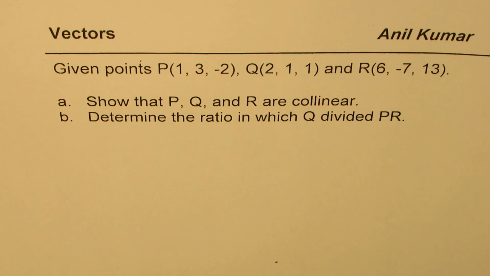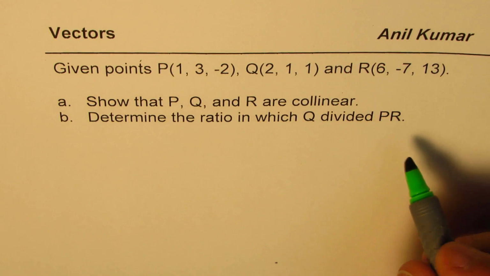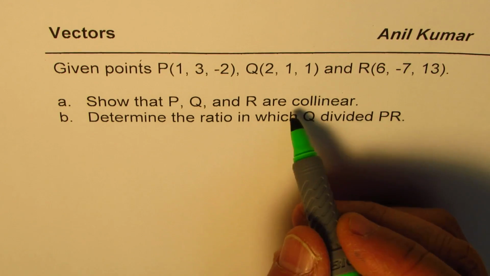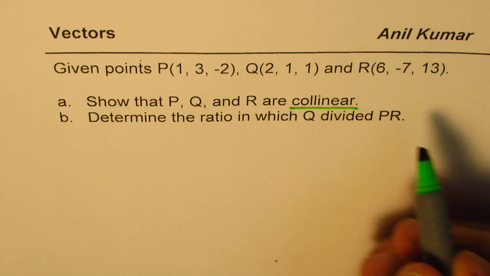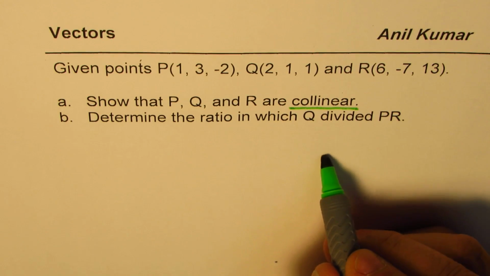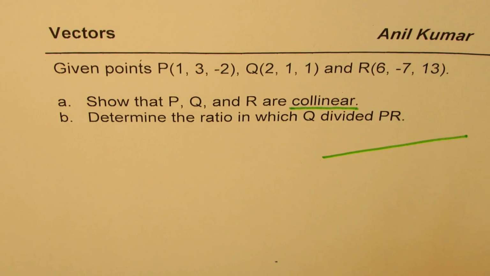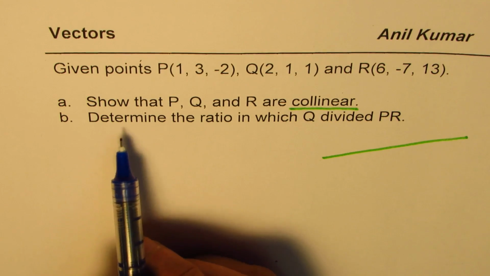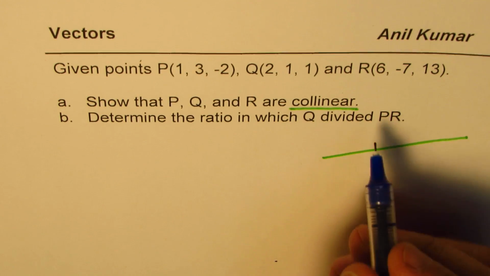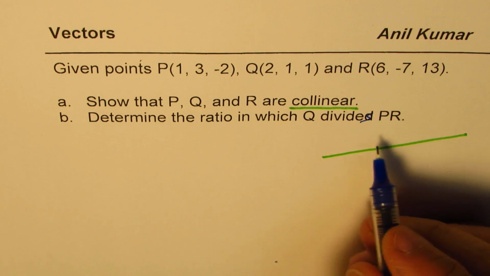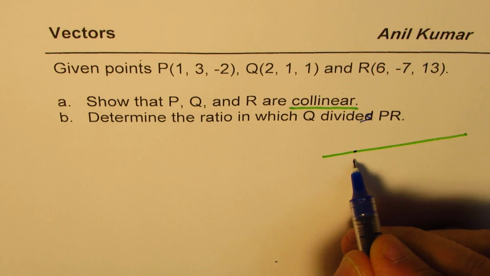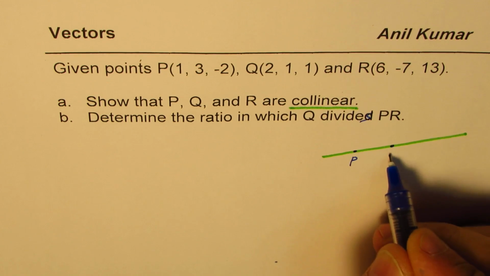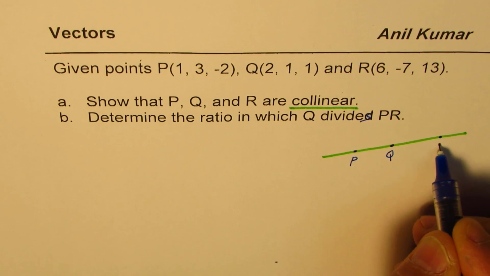So let's first understand it. We need to show that these 3 points are lying on the same line. Collinear means on the same line. So kind of like this. Let me just draw a line here, right? We don't know exactly where these points are, but the way this question is written, determine the ratio in which Q divides PR, that means let's assume P is here, Q is here, and R is there.